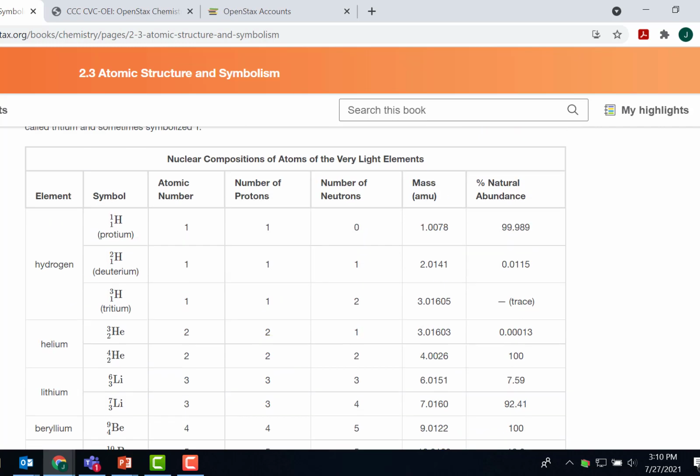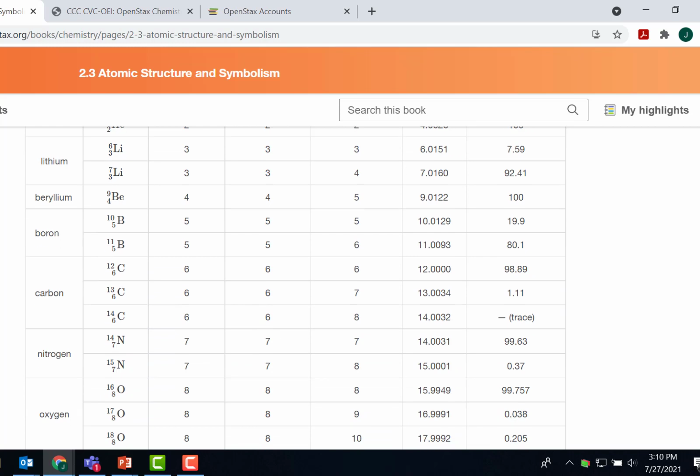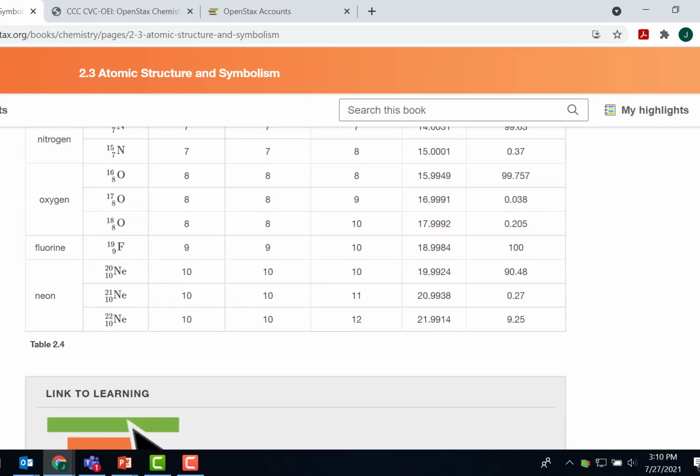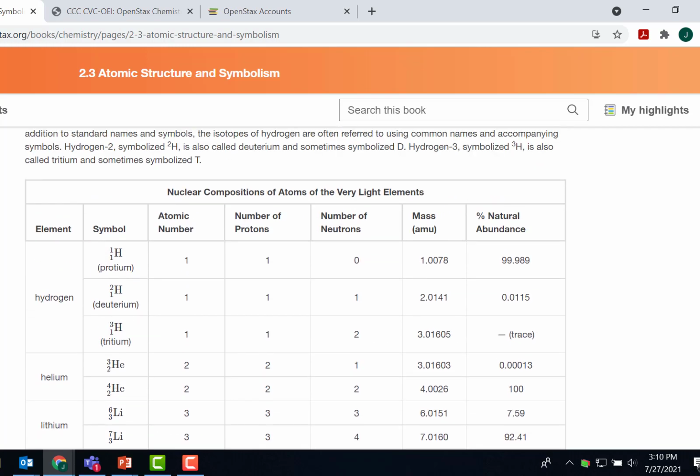Here we're showing some specific elements. You don't have to memorize all of the possible isotopes here, but it's just giving you some examples of that.